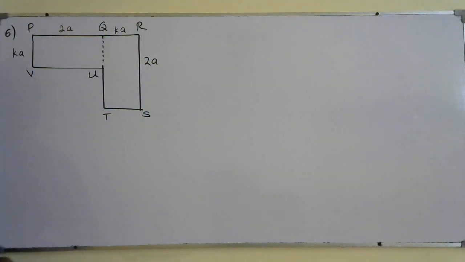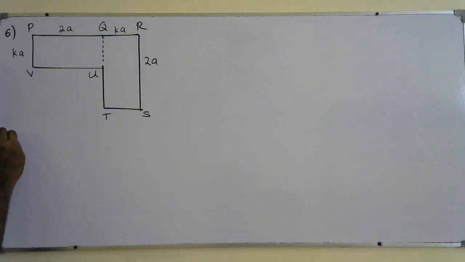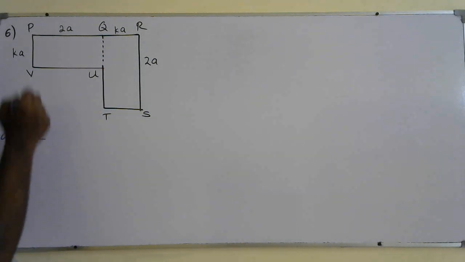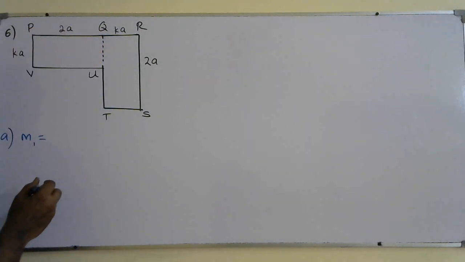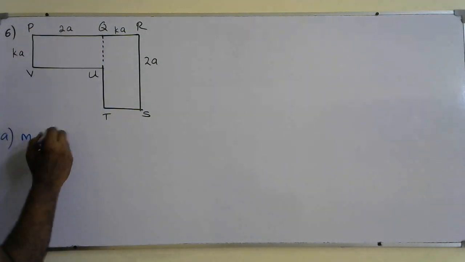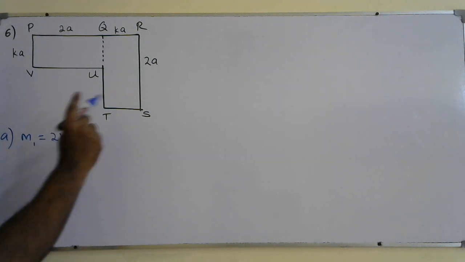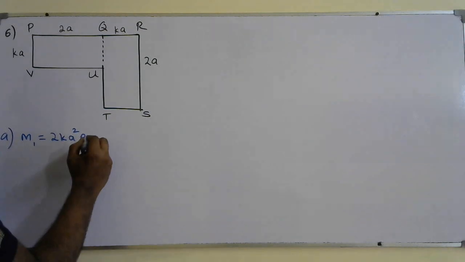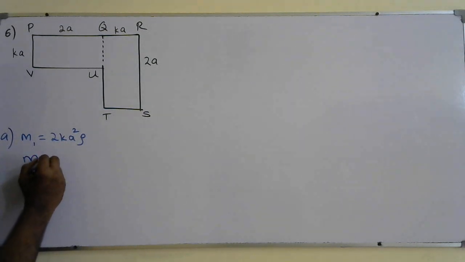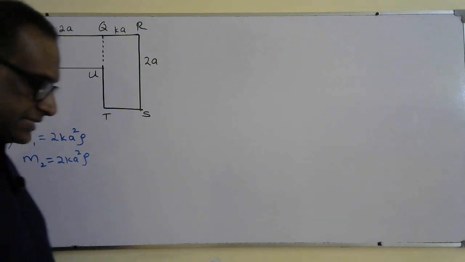So the mass of PQUV, we can take it as M1, that is the A part. M1 is equal to the area Ka into 2A, so 2Ka squared rho. In the same way, the mass M2 is also 2Ka squared rho, because they have the same length and width.